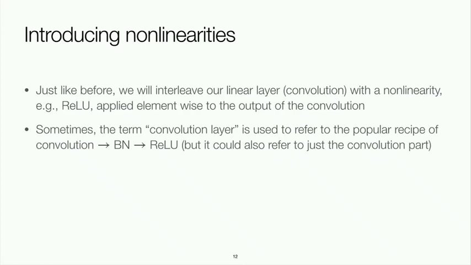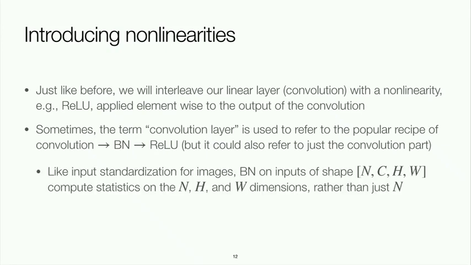So you saw batch norm and layer norm last time. You normalize across your mini batch of inputs for batch normalization or across your feature dimensions per input for layer normalization. We can do similar things here, but actually the story here is going to be even simpler than batch norm and layer norm for arbitrary vectors. For images, we use these techniques in a very particular way. So batch norm is going to be operating on inputs of shape N, C, H, and W. C, H, and W are the dimensions that we had before: number of channels, height, and width of the output of a convolution. We have an additional N, which specifies the number of images that we have in our mini batch.